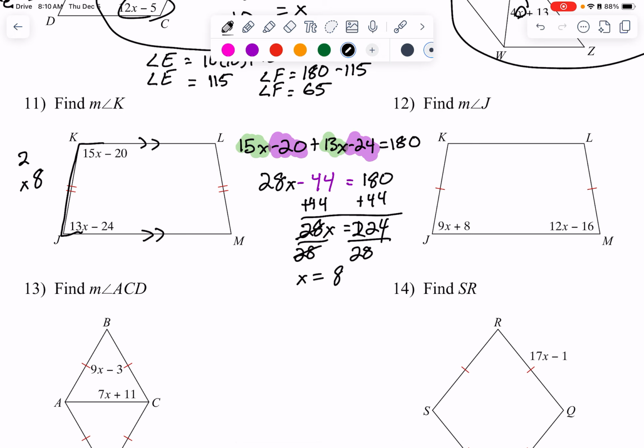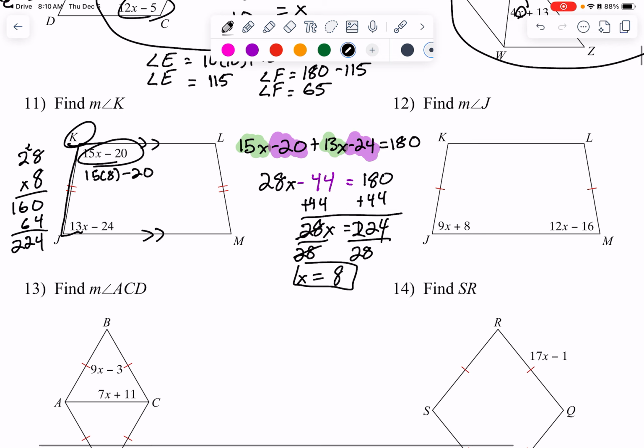So if I do 8 times 28, 8 times 20 is going to be 160, and then 8 times 8 is 64. And what do you know? That is 224. So x does equal 8, but what's the question? Find angle K. So I have to do 15 times 8 minus 20. That's the same as 4 times 30, or 120 minus 20, which is 100.